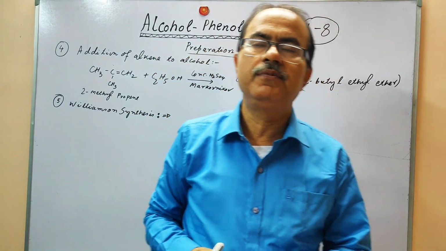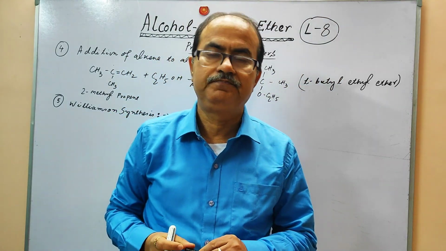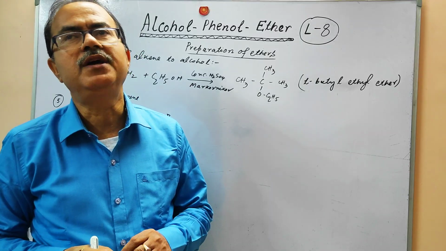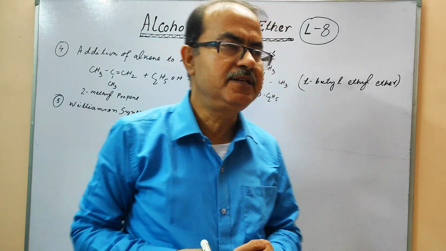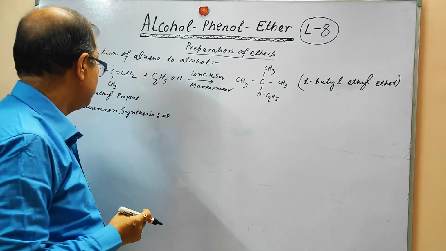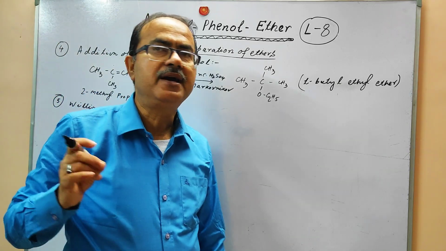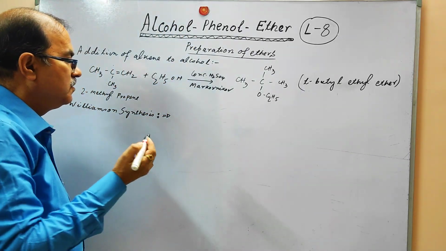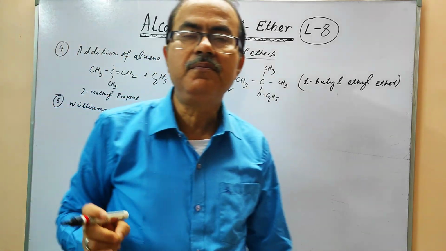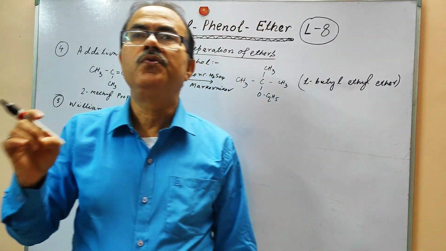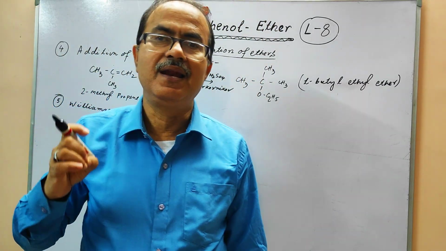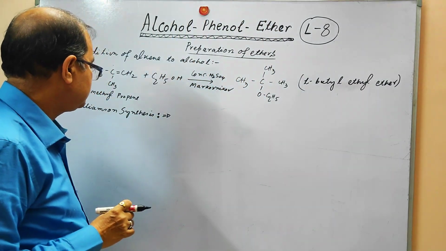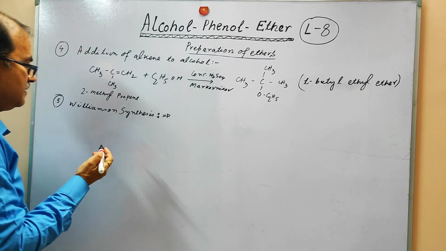By this way, we can produce the ethers, both the symmetric ethers and unsymmetric ethers, by reacting the sodium or potassium alkoxide with the alkyl halides. The reaction is this.